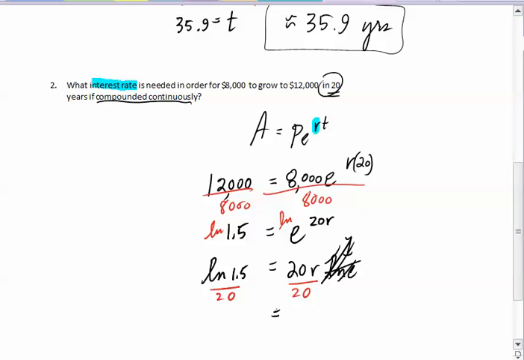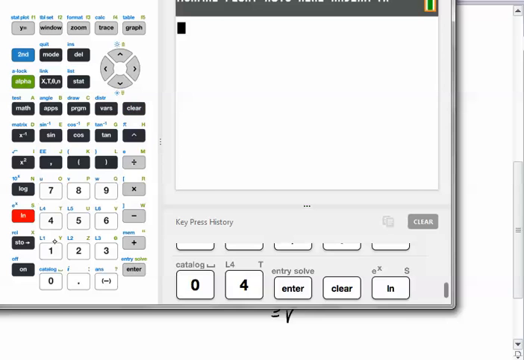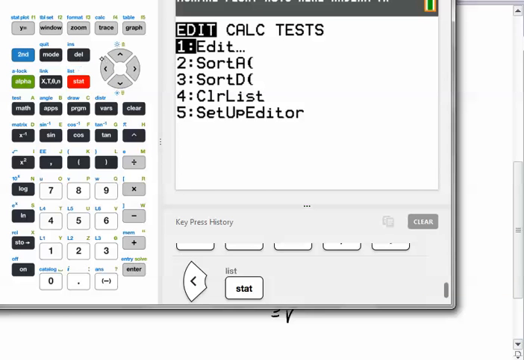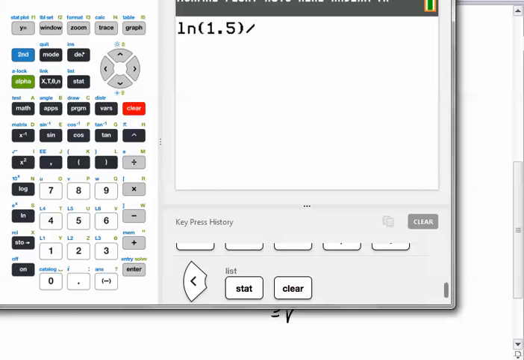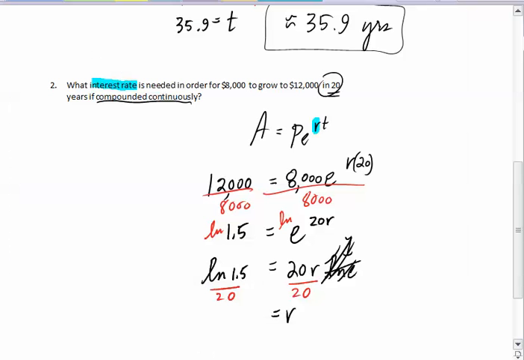And we get, let's go to the calculator, natural log of 1.5, and then we're going to divide by 20.